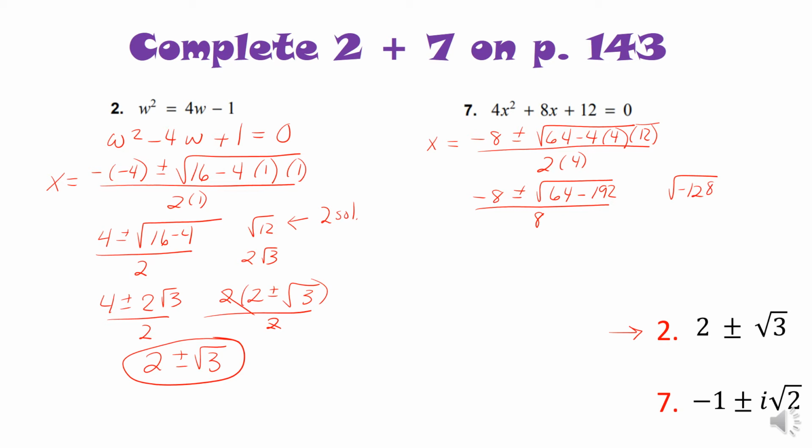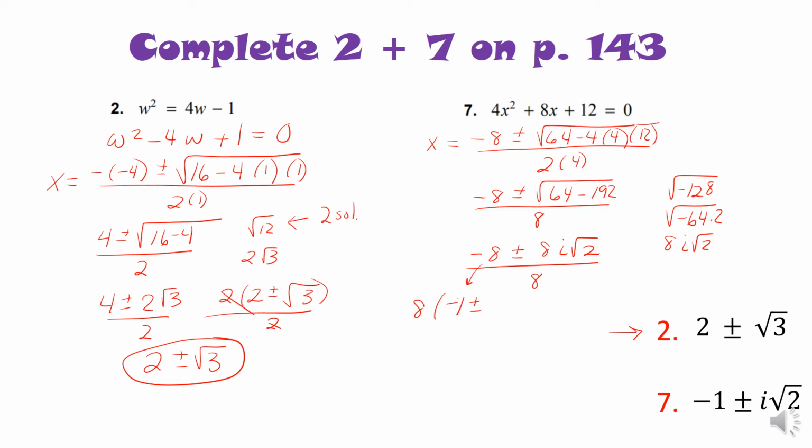So that is 64 times 2, so I'm going to get negative 8 plus or minus 8i square root of 2. This is like this, negative 64 times 2, so that's 8i square root of 2. So that's how I got that. And again, we need to simplify, so I'm going to factor out an 8, and I get negative 1 plus or minus.